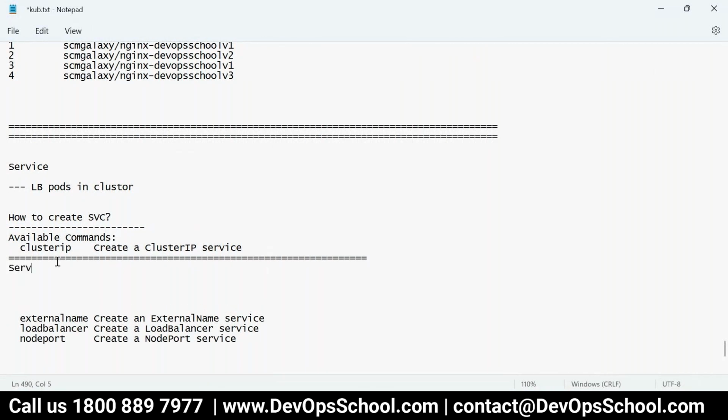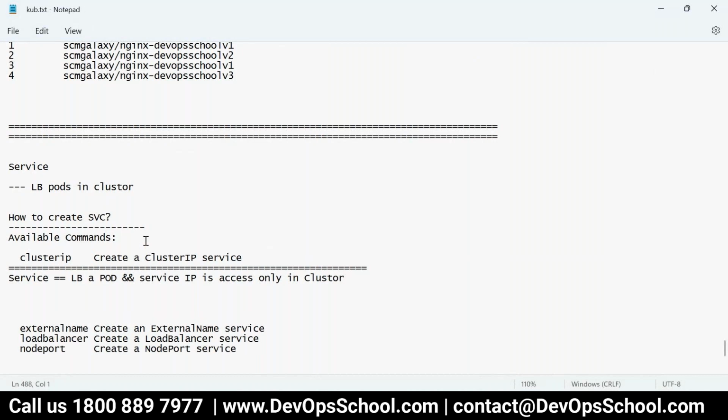Service is equal to load balancing a pod, and the service IP is accessible only in the cluster. That is called what? Cluster IP.